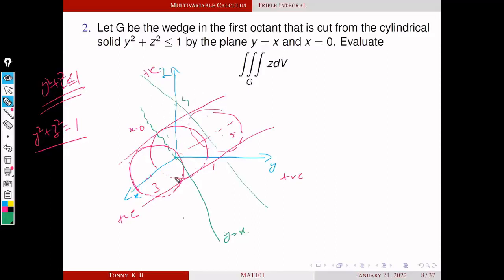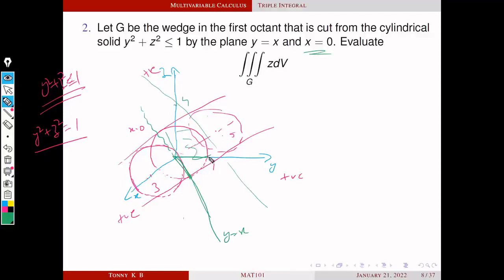The totality of all such straight lines forms a vertical plane passing through y is equal to x. So we have a cylindrical solid like this, next a plane like this, and one more plane x equal to 0, that is this plane. So the solid is almost like a triangle.